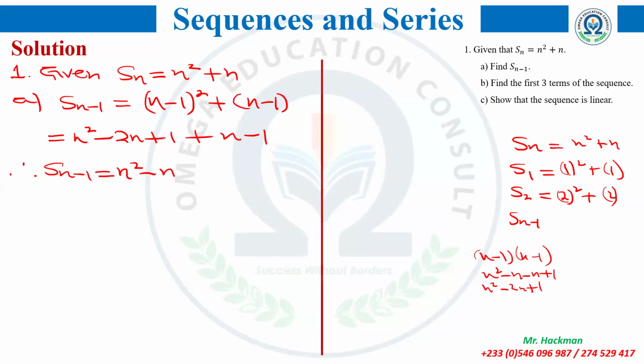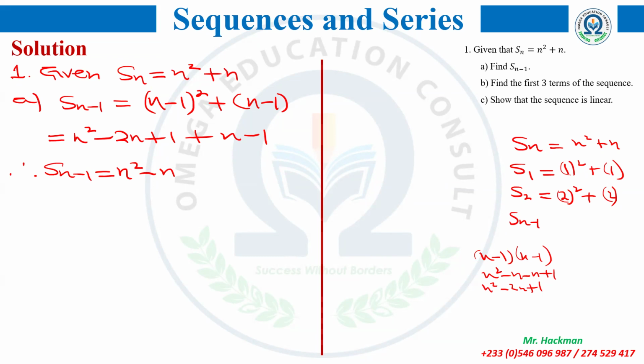Okay, Natalia. Mr. Hackman, please, I have a question. Okay, go ahead with yours. Please, it's plus n minus 1. So why didn't you use the sign to expand the brackets?